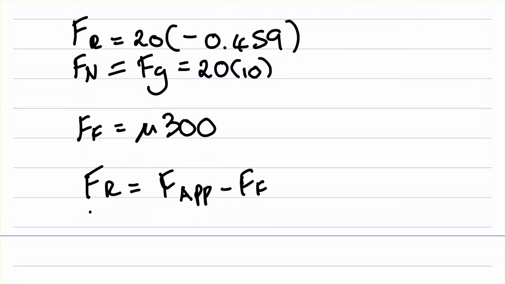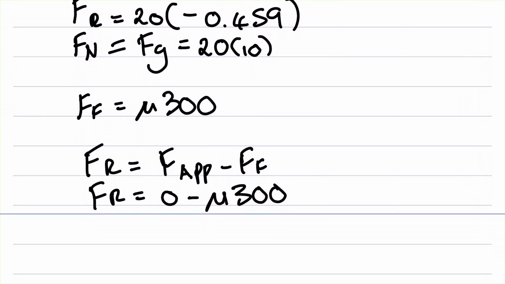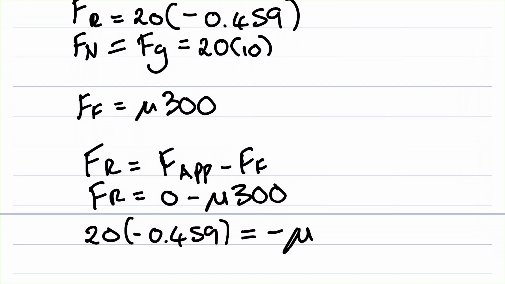So resultant force is 0 minus frictional force, which is negative coefficient of friction times 300. And the resultant force we found already was 20 times negative 0.459, which is equal to negative coefficient of friction times 300.